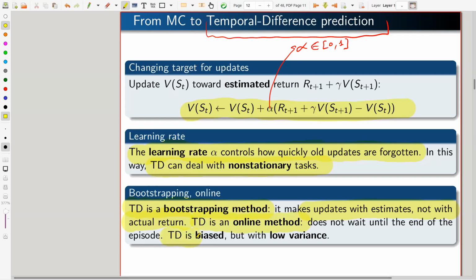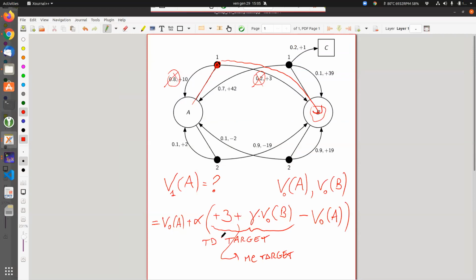The algorithm is biased, and I ask you to prove this in the exercise at the end of the lecture. But anyway, the reason it is biased is the initial guess of the values. Remember that here, I have to guess the initial value of the states.